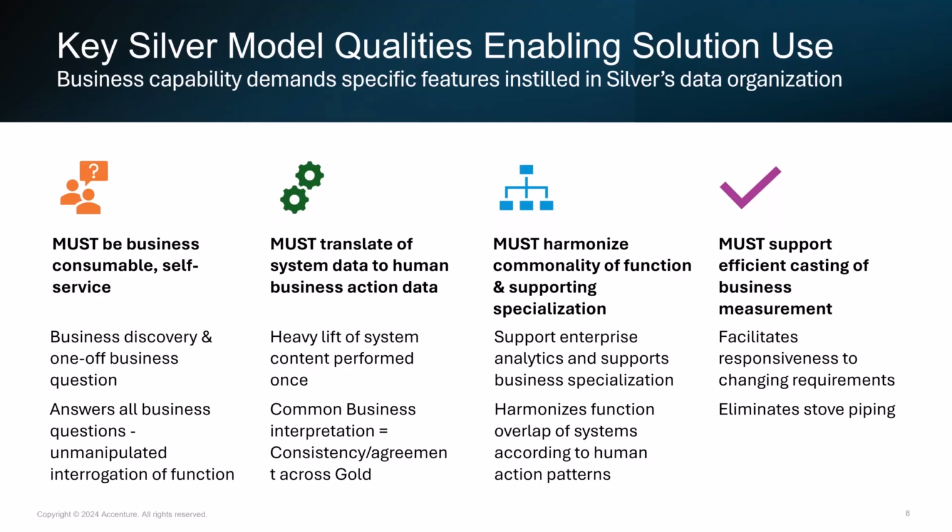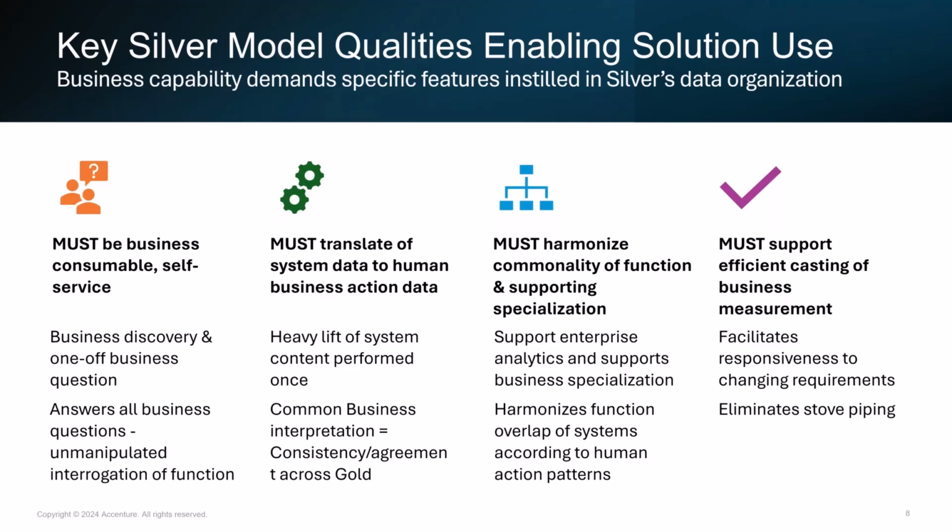Yeah, and really key is it is translated, and part of the specification for doing all that cleansing and all of those operations is it's translated to reflect not a system automation pattern, but a human action pattern. That human action pattern is really if the business is not looking at their business through the lens of their systems, which they should not be, right?